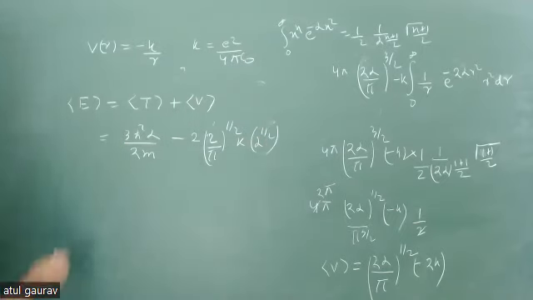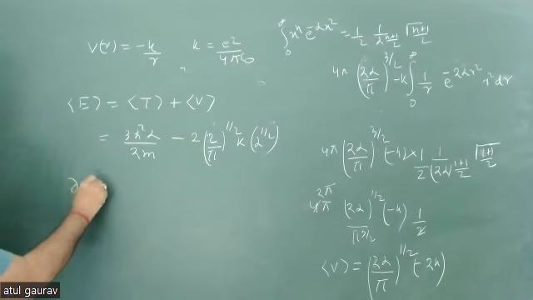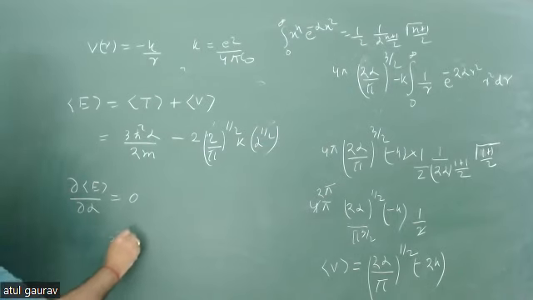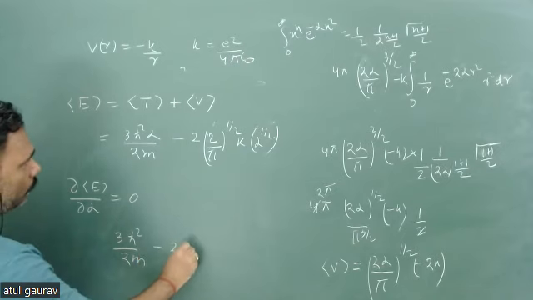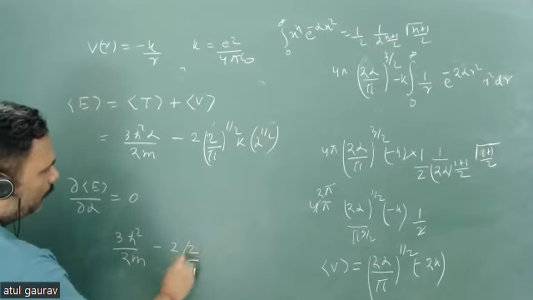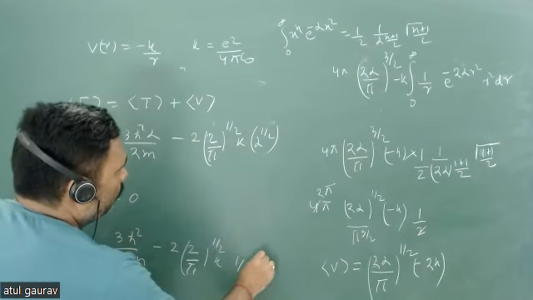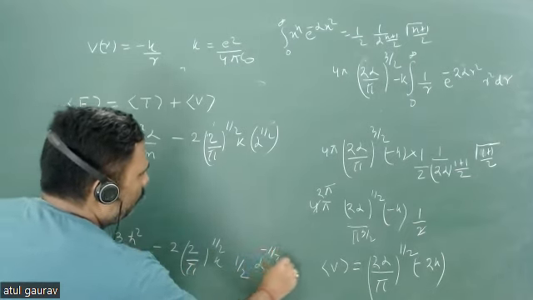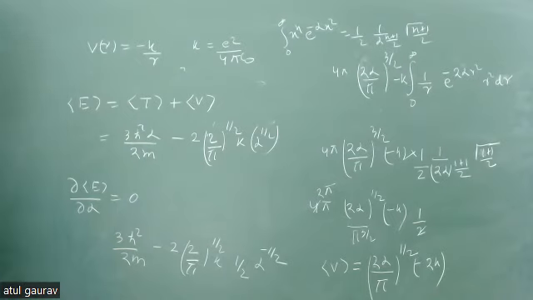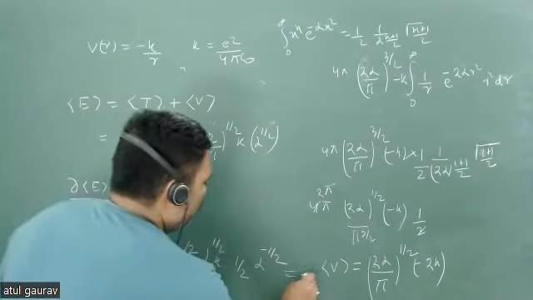And now we have to go for del E upon del alpha and that value is equal to 0. So you have 3h² upon 2m minus 2 upon pi to the power half k 1/2 alpha to the power minus half. Okay? Now this must be equal to what? 0.